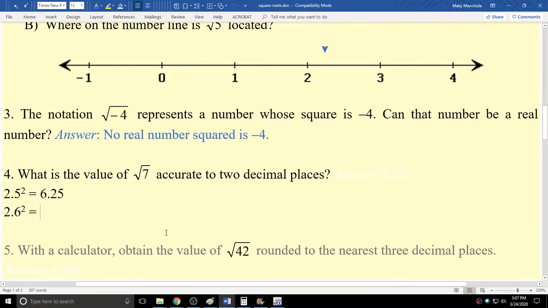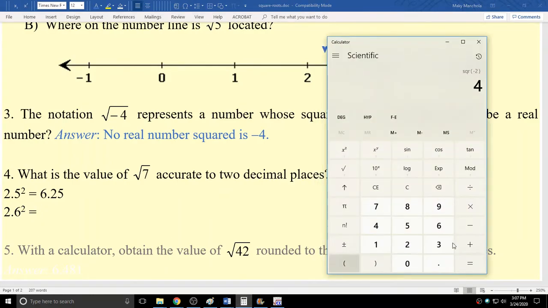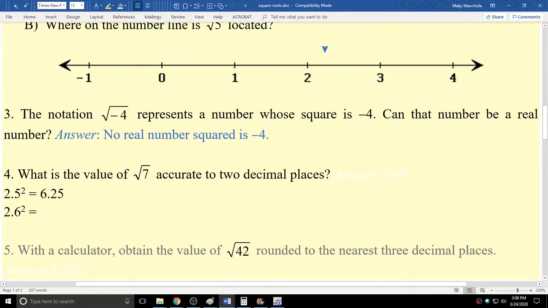Let's put that in the calculator. 2.6 squared is 6.76. So the square root of 7 is not 2.6 because 2.6 squared is not 7. It has to be a little bit higher.